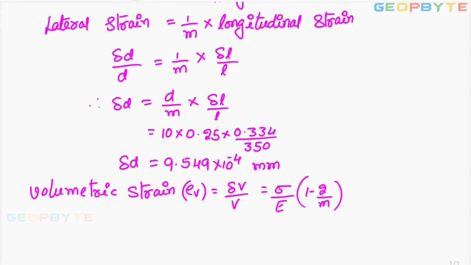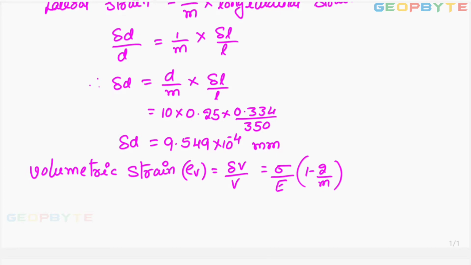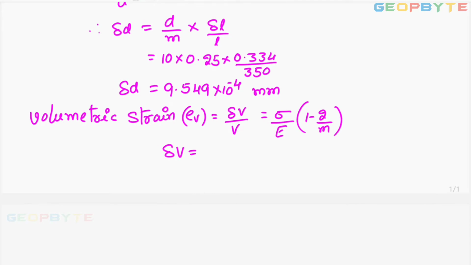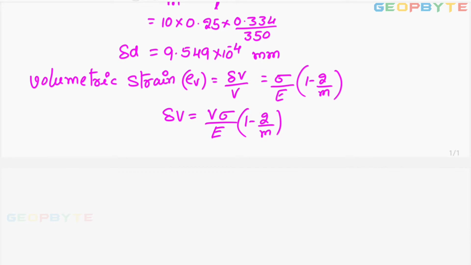Here 1 by m is the Poisson's ratio. From this, the change in volume delta V equal to V times sigma by E multiplied by 1 minus 2 by m. Here V equal to original volume, pi by 4 into d square into L.